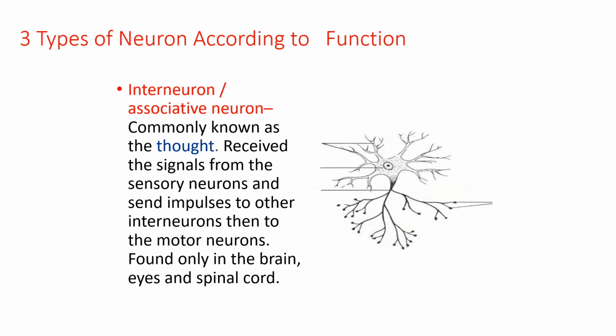May mga responses na it does not have to go along to the brain and to think how to react with the stimulus. Like for instance, blinking of the eyes, it's already an automatic behavior. Hindi na natin kailangang isipin kung magbiblink ba tayo ngayon or magbiblink ba tayo maya-maya na. Okay, so reflexes.